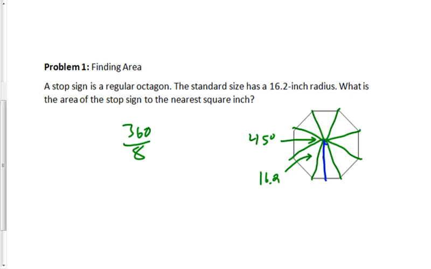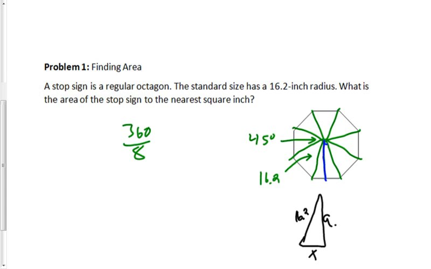I'm just going to draw it better. Alright, so we have our right triangle. We know this part is 16.2. We need to find this part, the apothem. We also need to find this part, which we'll say is x, because we need to find the perimeter.